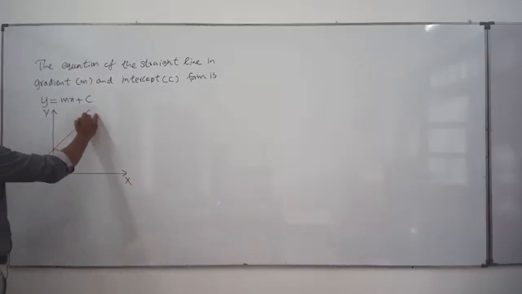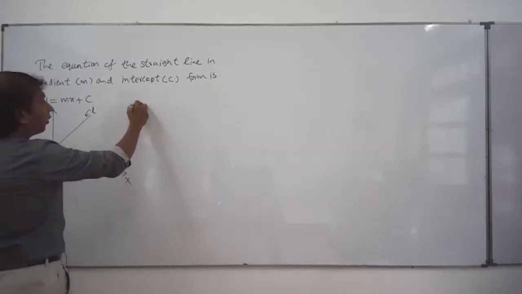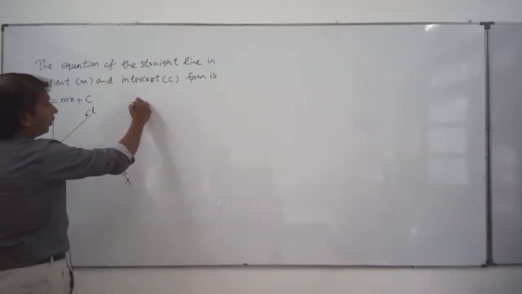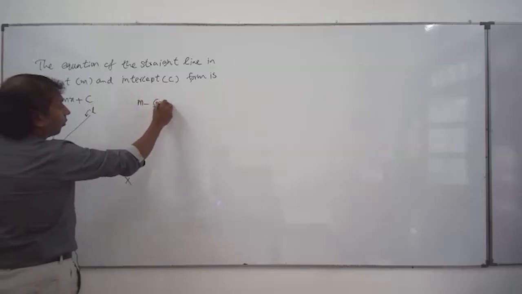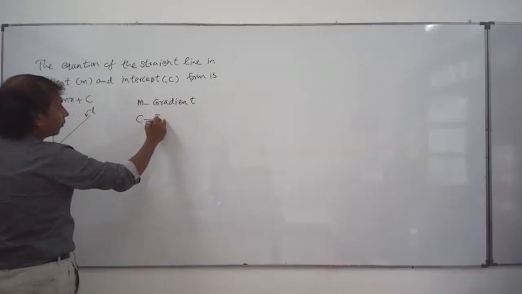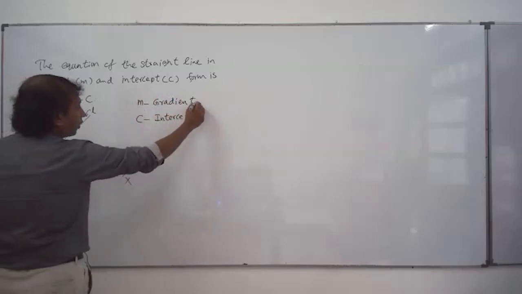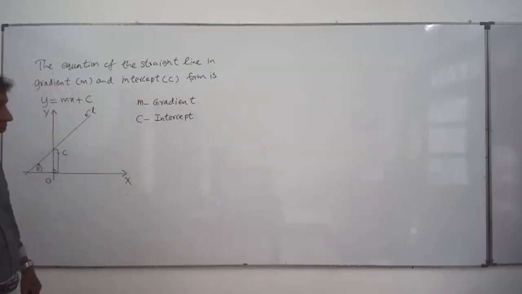Line L. How to define the gradient? Right? M is the gradient. C is the intercept.